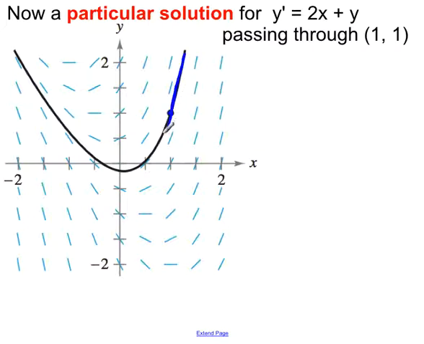So I'm following it, it's getting less steep, it's about 0 here, up, and then it starts to get a negative slope over here. That's one particular solution of all the general solutions that go through 1, 1. So that's all we mean by a particular solution.